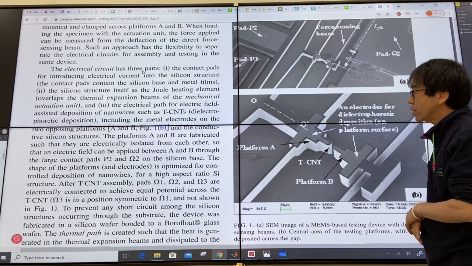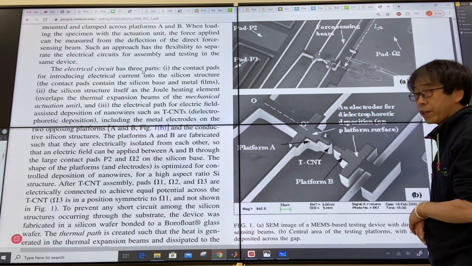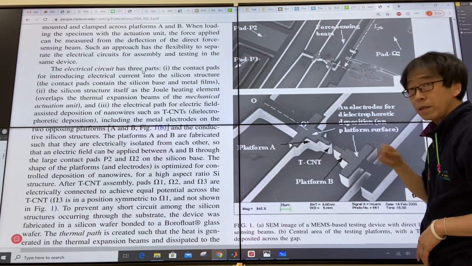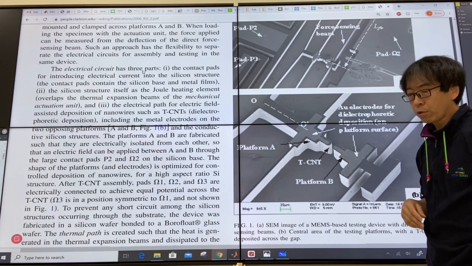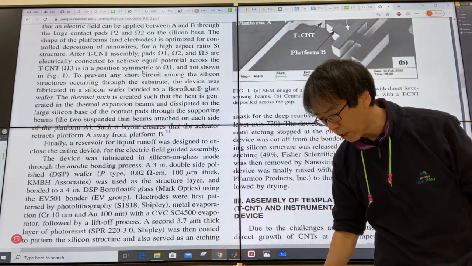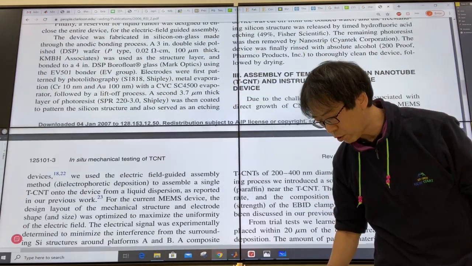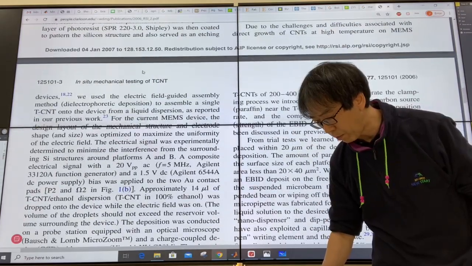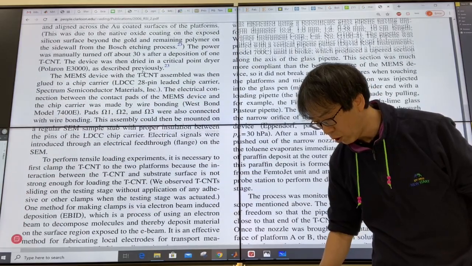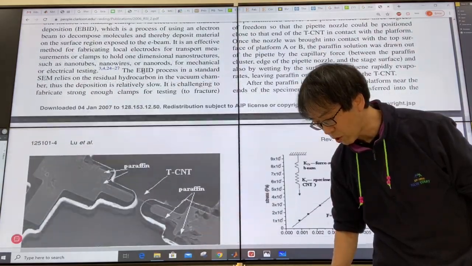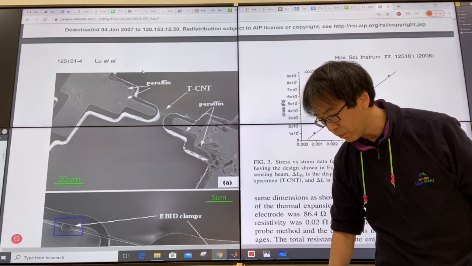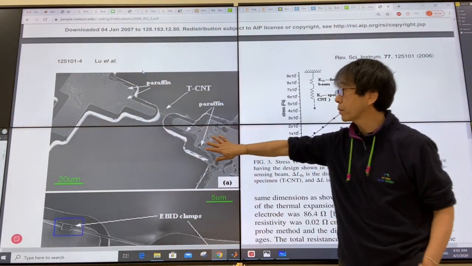Now our task is to fix or place the carbon nanotube in between. I'm not going to go through this detailed technology because of the lack of time, but we use a very interesting technology, something called fluid-based self-assembly technology, to assemble this carbon nanotube in between these microscale stages right here.